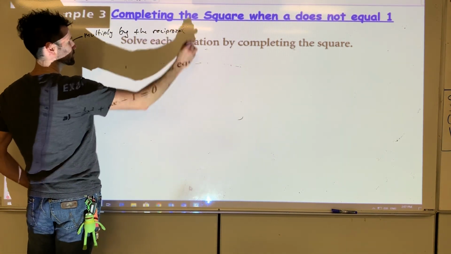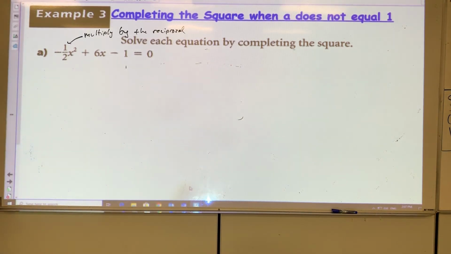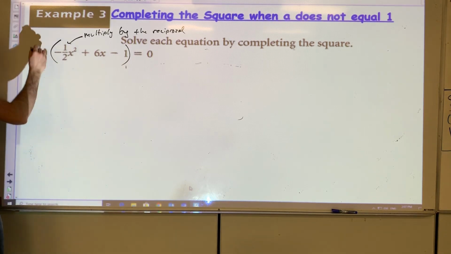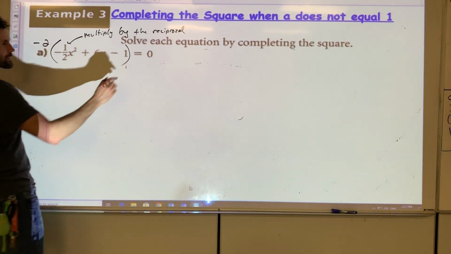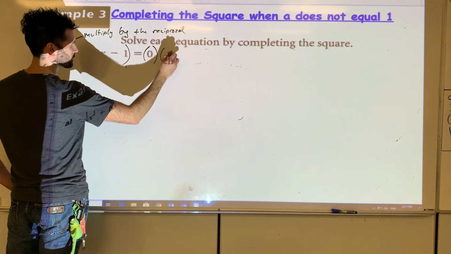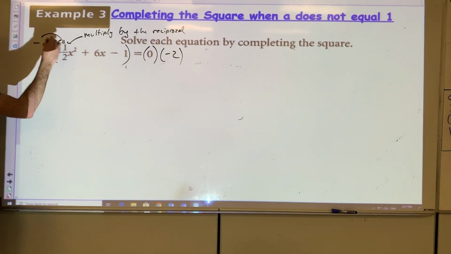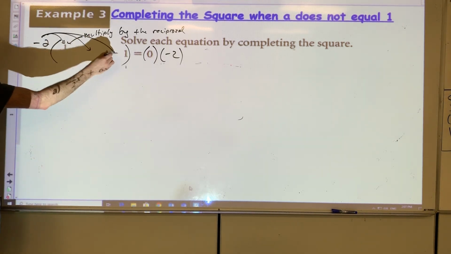Multiply by its reciprocal. You always get 1. So if I multiply everything on this side by negative 2, and everything on this side by negative 2, I'll have done the same thing to both sides of the equation, and I'll still have the same equation. So multiply each term by negative 2.